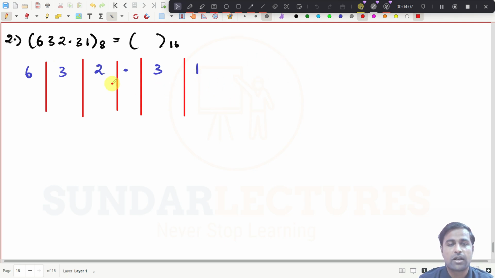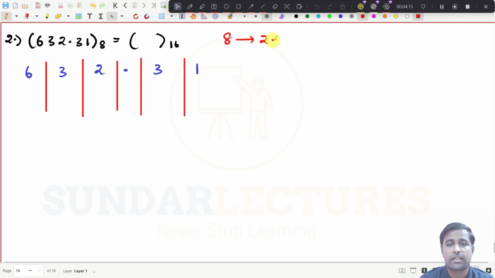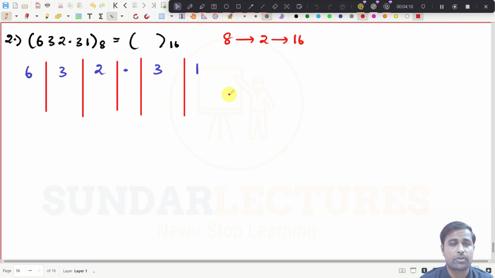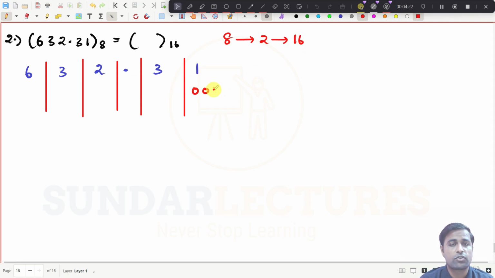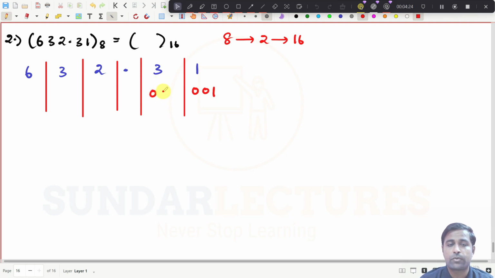See here, again you need to convert octal to binary, and then that binary to hexadecimal. That is the procedure. So for this one you have to put 110, and for this 3 you have to put 011.